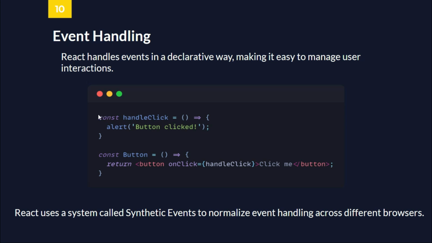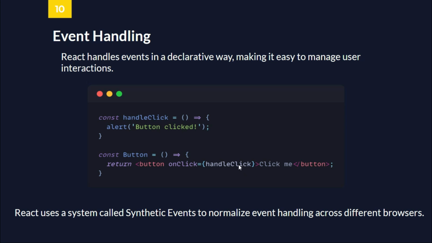And we can see here there is an arrow function that is showing an alert that says button clicked, and it is being called inside this JSX button. We say onClick, handleClick. This is the function name over here.